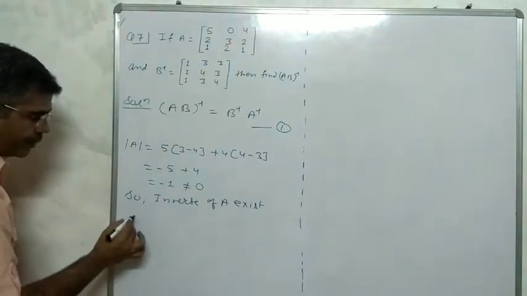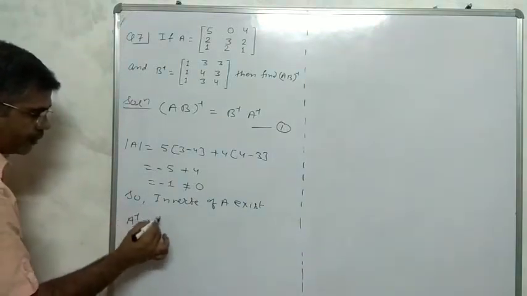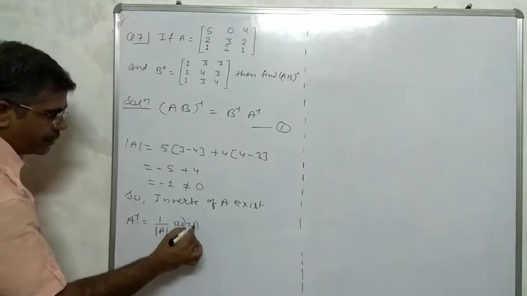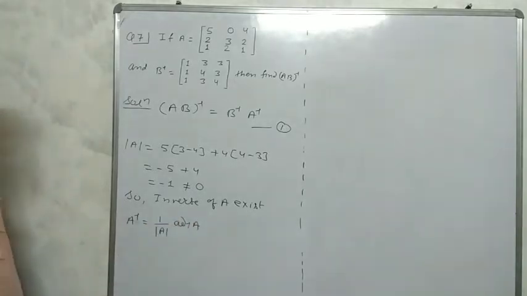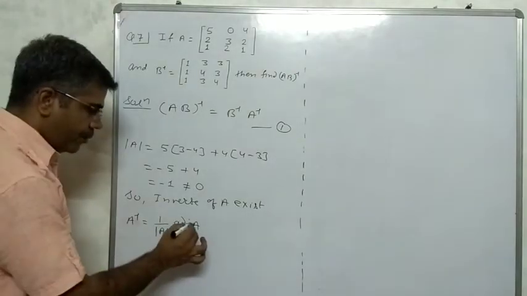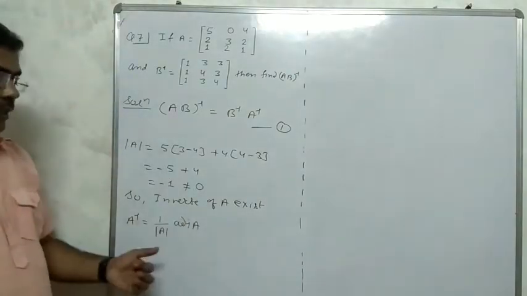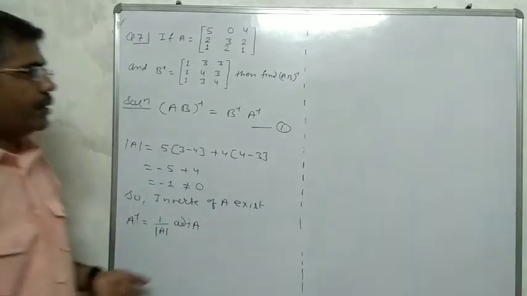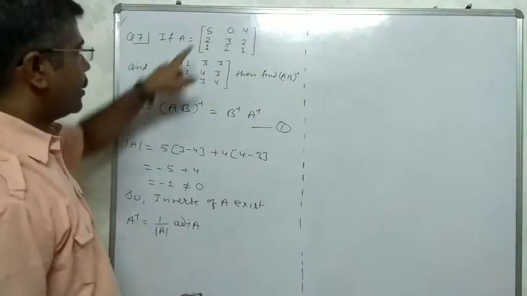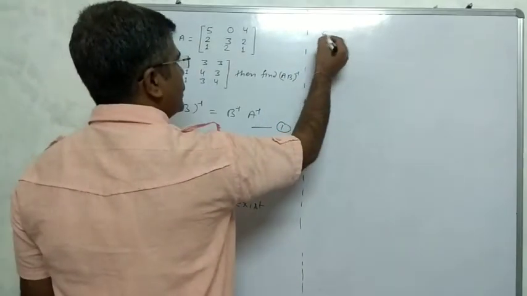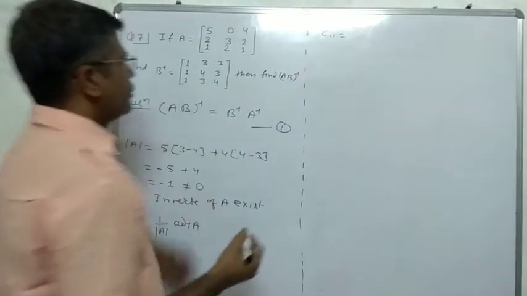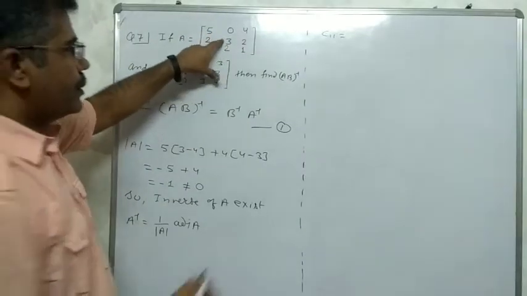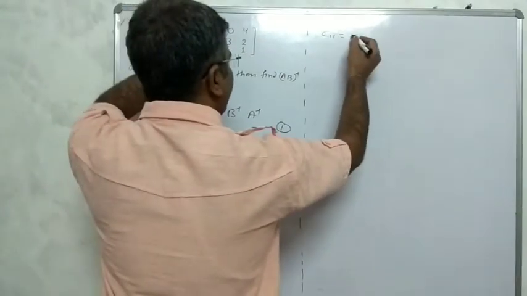Inverse of A is given by 1 upon |A| into adjoint of A, and adjoint of A is the transpose of the cofactor matrix. So we find the cofactors of A. C11 is positive. We delete this column and this row: 3 minus 4, minus 1.